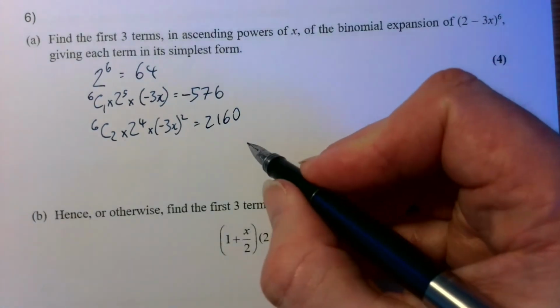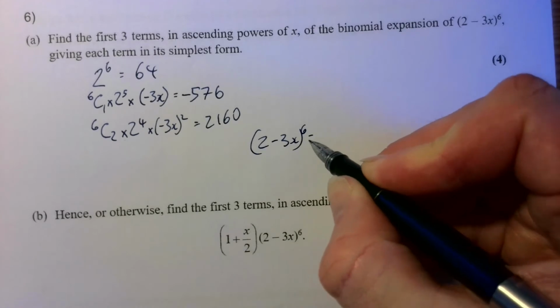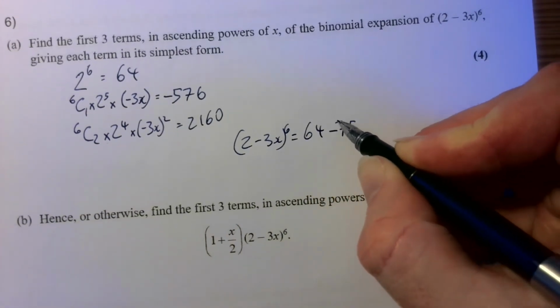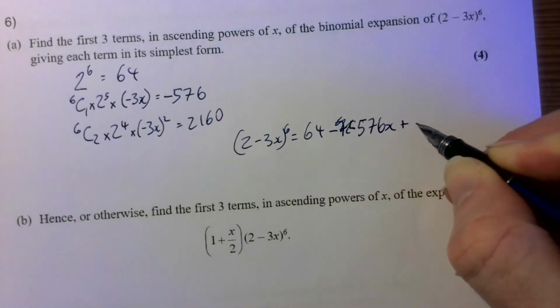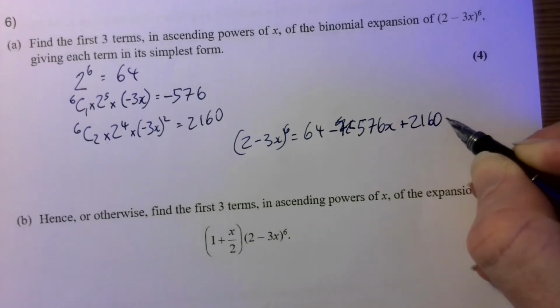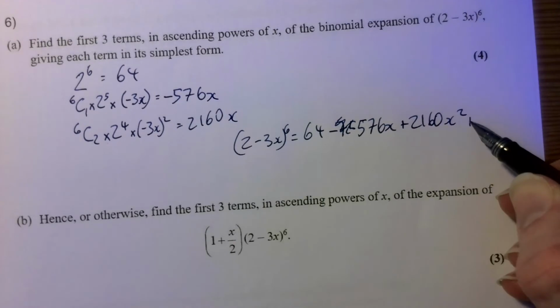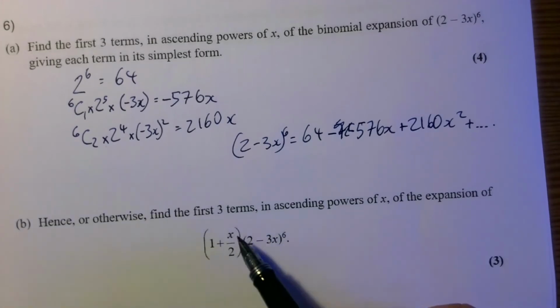So our final answer here is that 2 minus 3x to the power 6 is equal to 64 take 576x, add 2160x squared. And then you should always put plus and dot dot dot, because we haven't done the whole expansion, have we? Just the first 3.